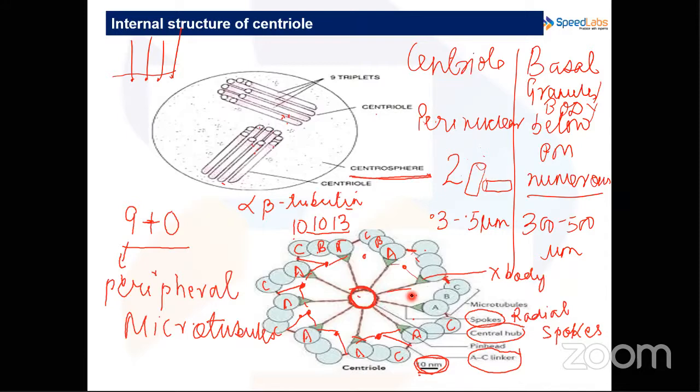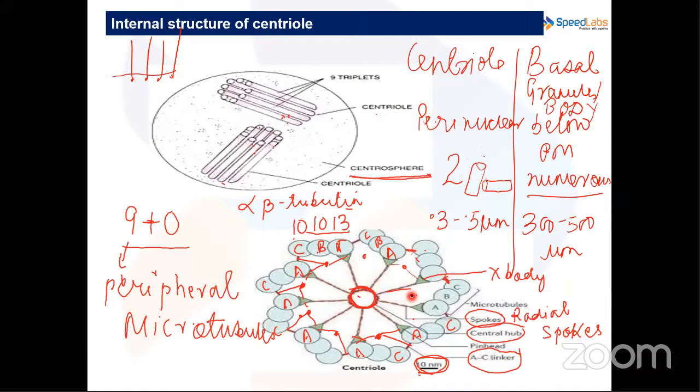Is this clear to you? Ma'am, the X body is also called the pinhead, right? Yes, correct. The X body is called the pinhead, and in between the X bodies, you've got this Y body. So you understand the linkage. They ask you about the AC linkers and the AB linkers all the time to compare.